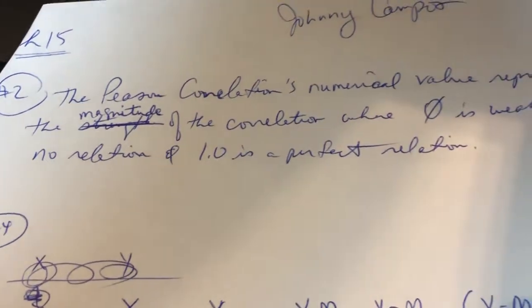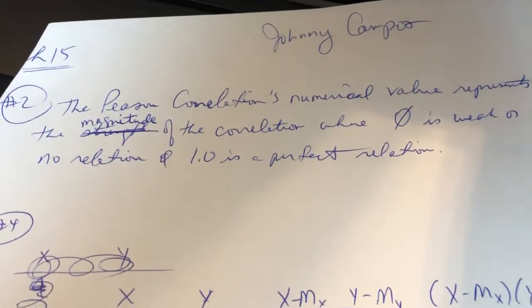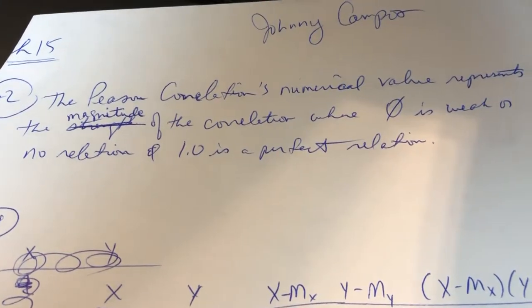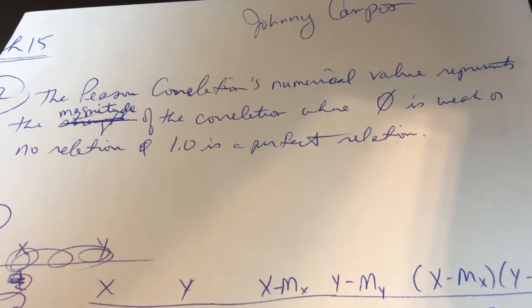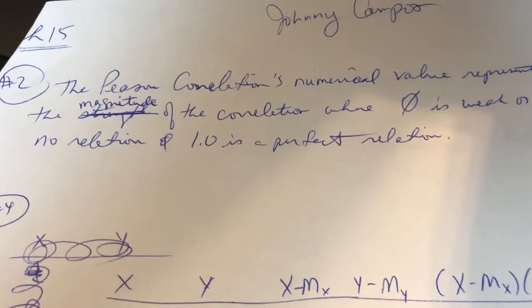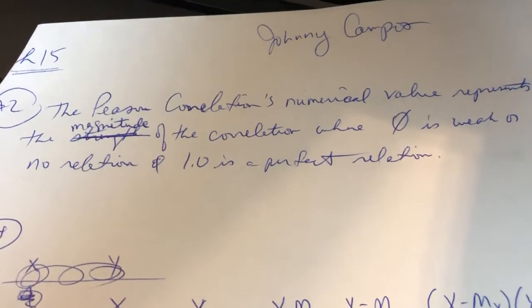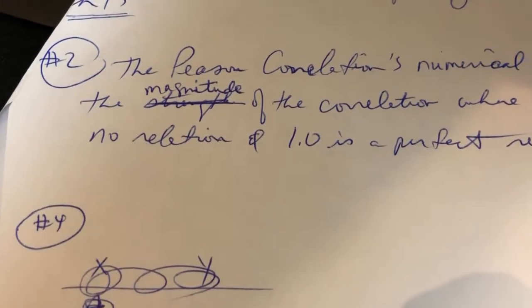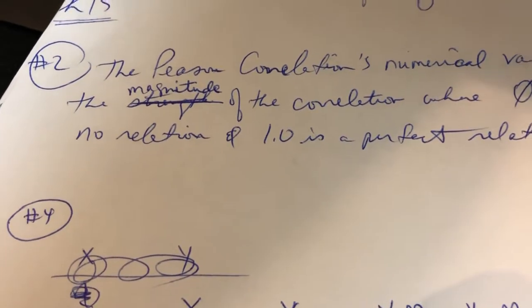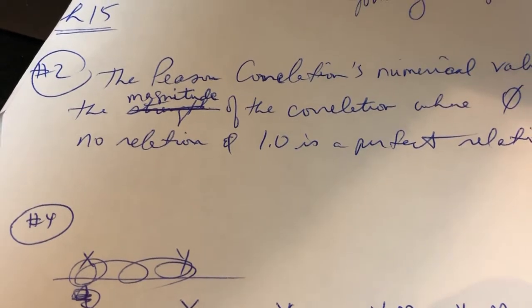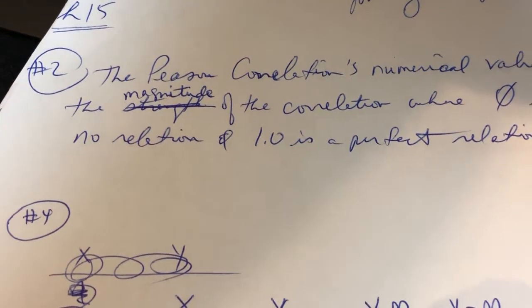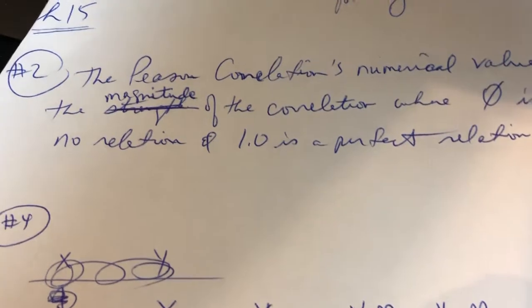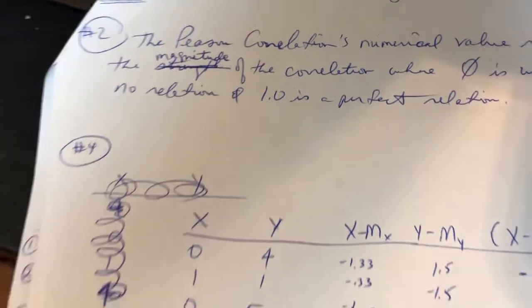So I think that's what I put on my answer. The numerical value represents the magnitude of the correlation, where 0 is weak, or no relation actually, and 1 is a perfect relation. I thought about using the word strength, but I think that's wrong if you're looking at negative. So I just decided to use magnitude.